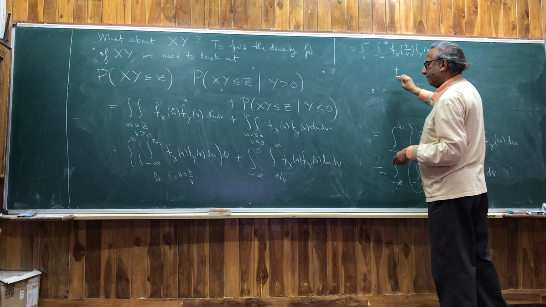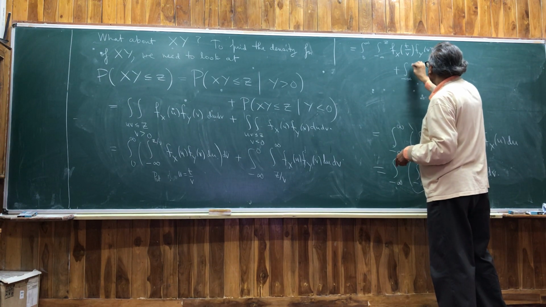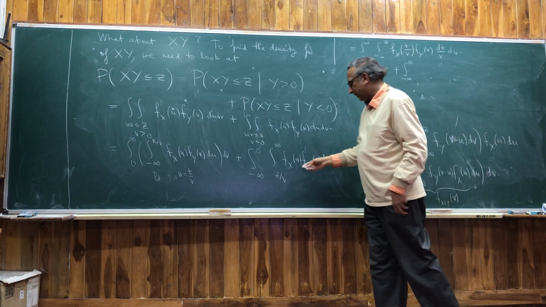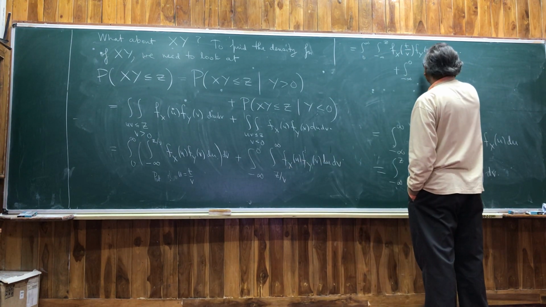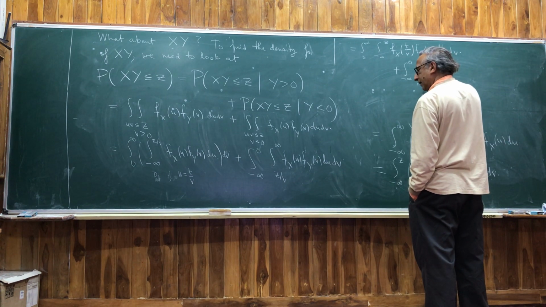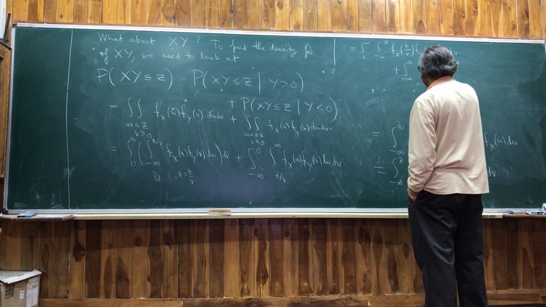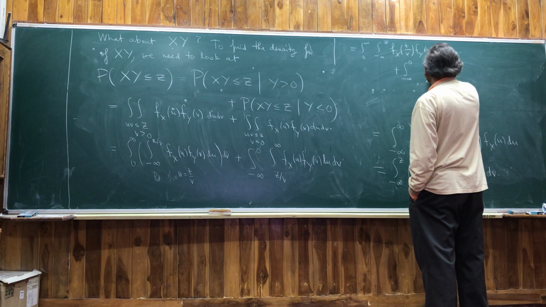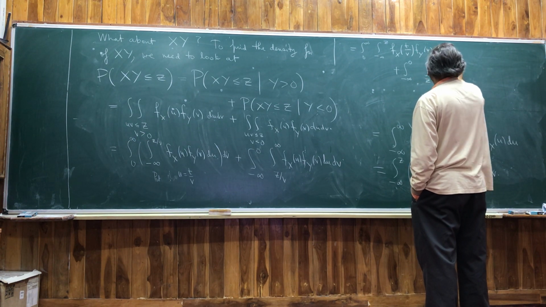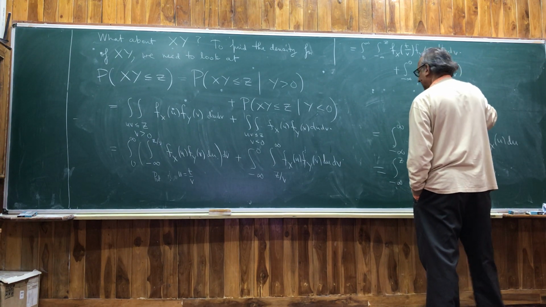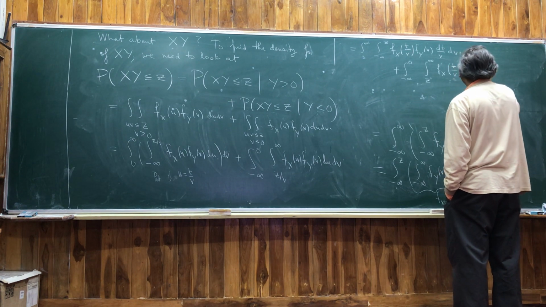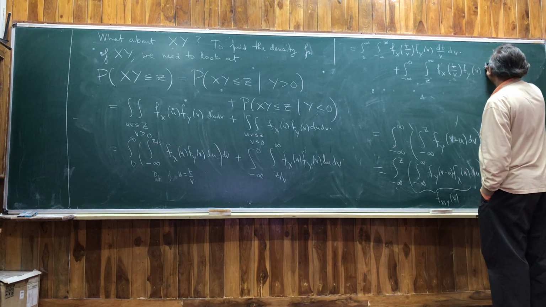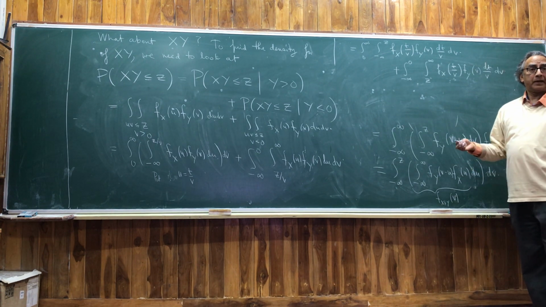What about the second one? Second integral, well, it's again the same idea. You put u equals t over v, so by putting the same thing here, this is going from z to infinity, f_X(t over v), f_Y(v), dt over v, dt. Same thing.